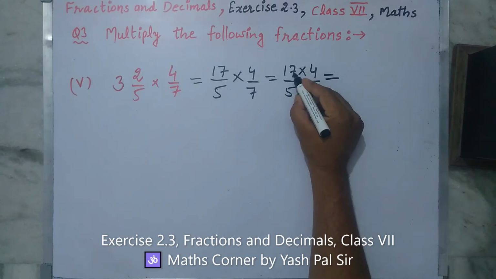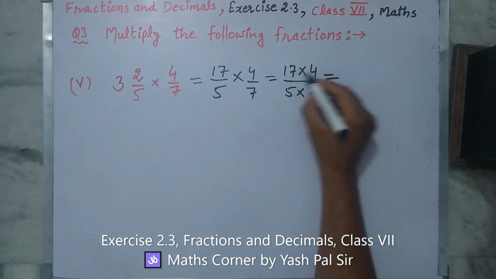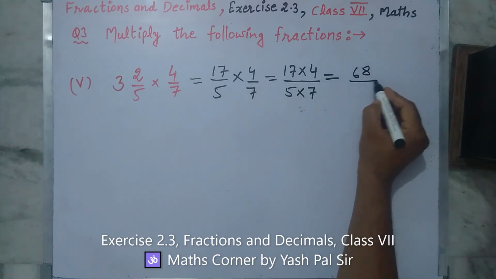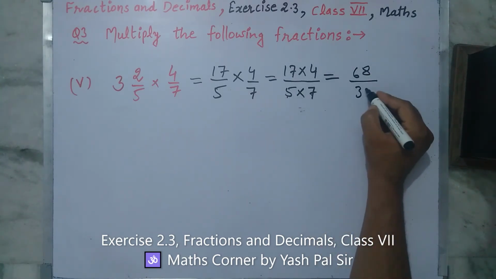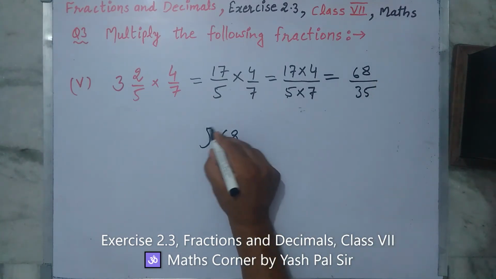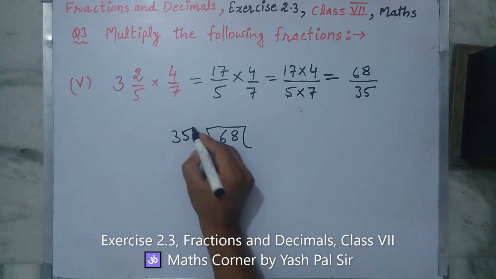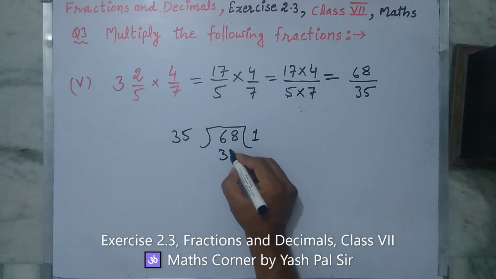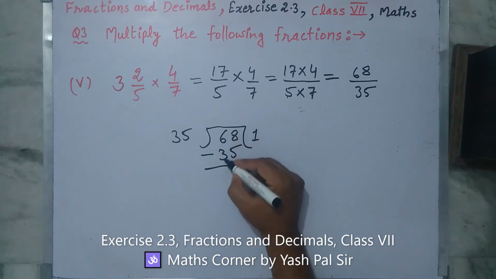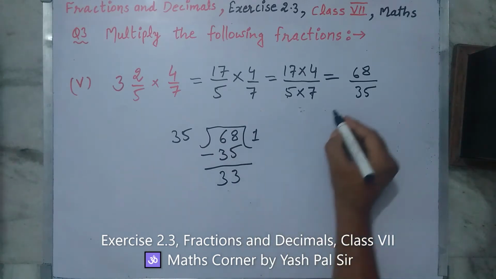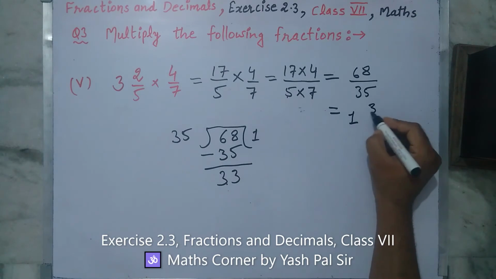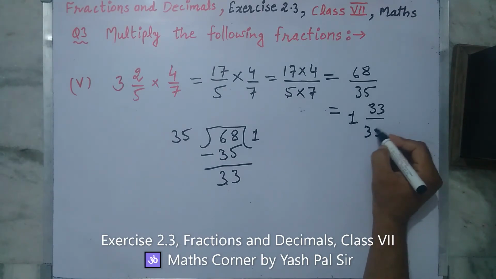So the answer is 7 into 4, 28. 4 plus 2, 6. Divided by 7 into 5, 35. Now we divide 68 by 35. 35 ones are 35, 8 minus 5, 3. 6 minus 3, 3. So what is the answer? 1 and 33 divided by 35.